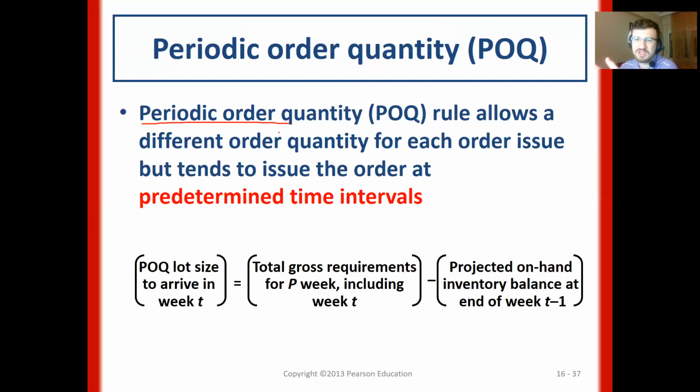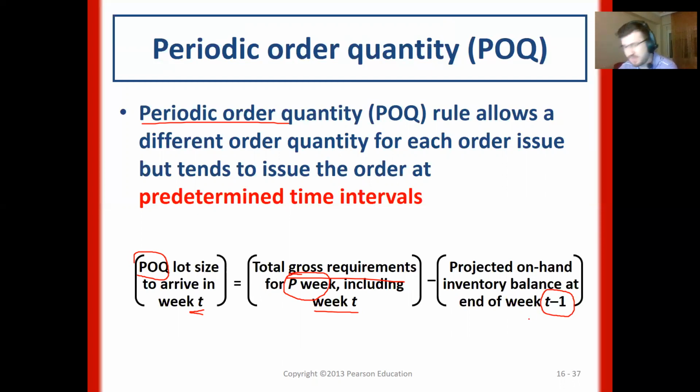The total gross requirement during P periods will determine our order size. So the POQ will be determined in week T using total gross requirements during the next P weeks, starting from week T, minus on-hand inventory at the end of week T minus 1, or at the beginning of week T.